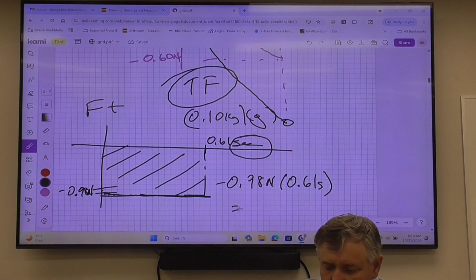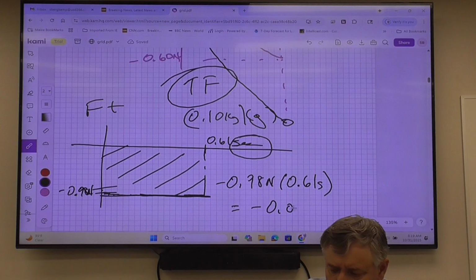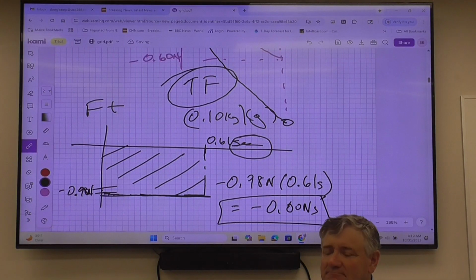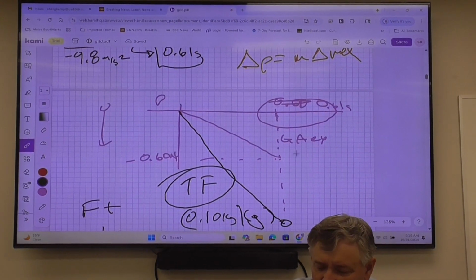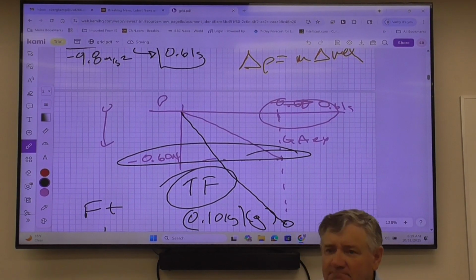It's momentum, right? What'd you get? Negative 0.5978. So negative 0.60, in units of newton seconds, right? Notice that matches up with the change in the momentum.